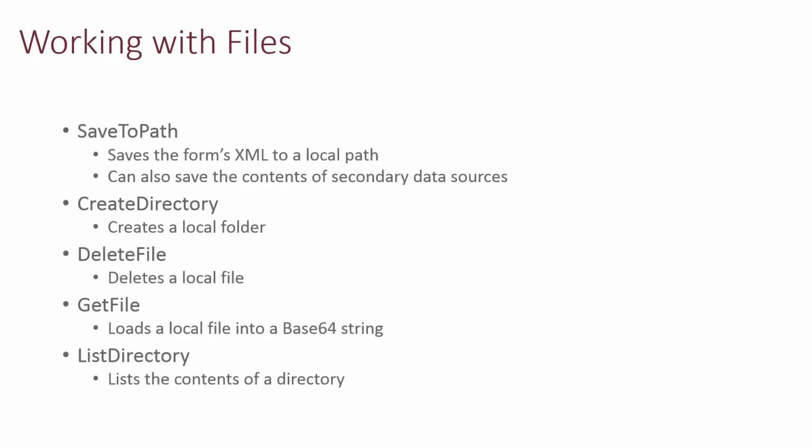This is a request we've come across a few times where people wanted to use a local folder or a network share as the location where they store their XMLs. It's primarily intended for saving the form's main XML to a local path, but you can also use it to save the contents of a secondary data source as well.